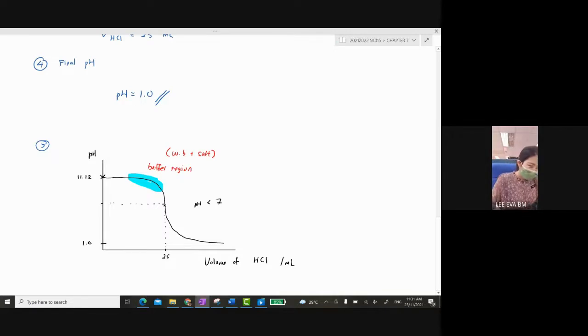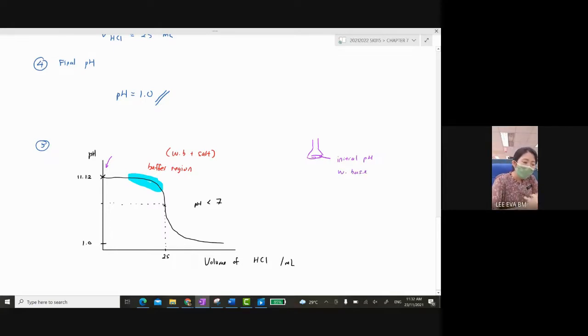Okay, over here you see initially, it refers to the content inside our conical flask, isn't it? So this is our initial pH, which depends on the weak base. Untuk soalan ini lah, dia adalah weak base.